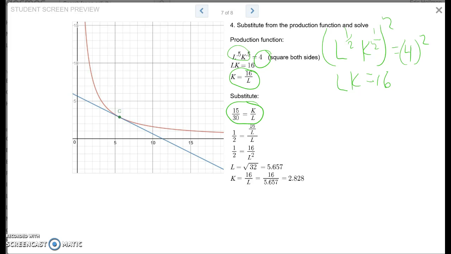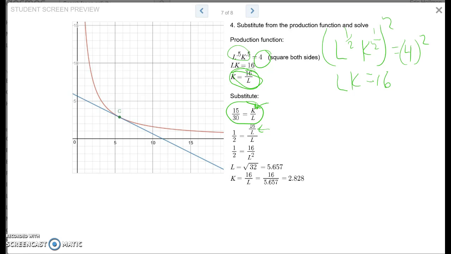So this was the relationship we got on the previous slide when we set marginal rate of technical substitution equal to the slope of the isocost line. So I'm just going to replace the K here with what we got K was equal to, 16 over L. You get 1/2 equals 16 over L squared.